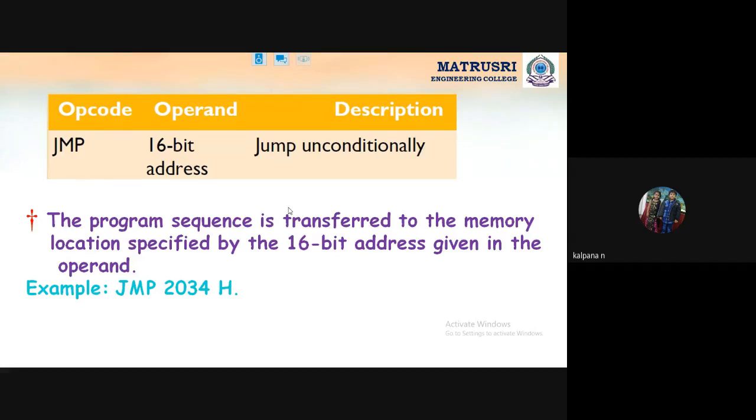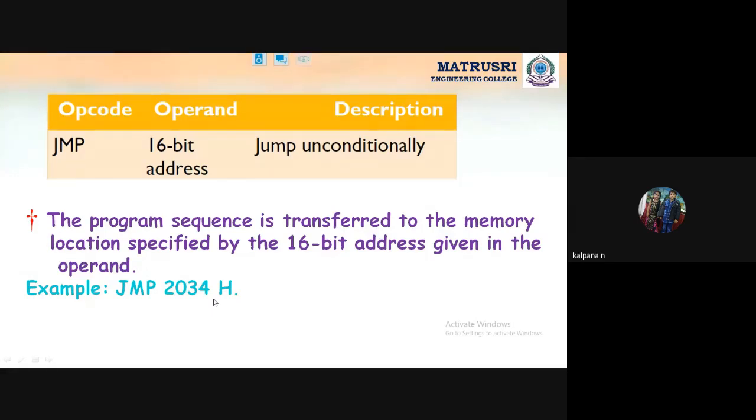Directly, JMP followed by a 16-bit address. JMP 2034 means wherever we write this instruction, after reaching it, the cursor will jump to the 2034 memory location. Even if the memory location of this JMP line is 100,000, it will still jump to the 2034 memory location.